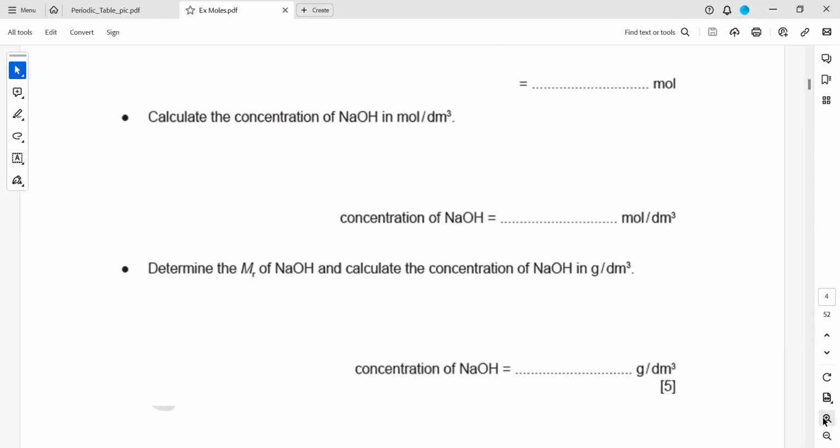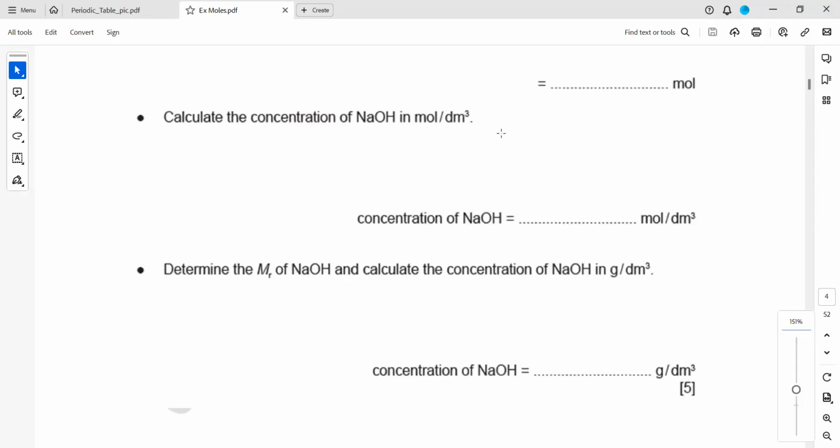The next, we want to convert the concentration from moles per dm cube, like this answer was 0.3, to grams per dm cube. So simply what you have to do, you have to multiply by molar mass. What is the molar mass of sodium hydroxide?